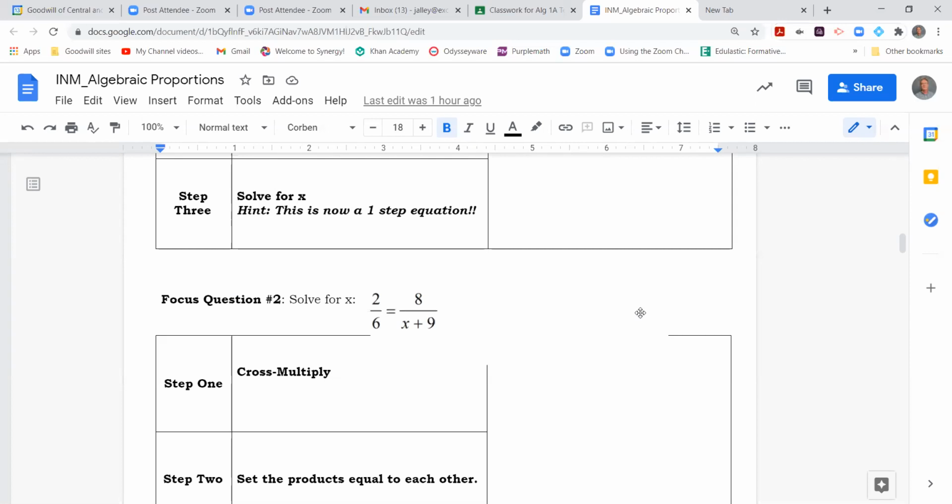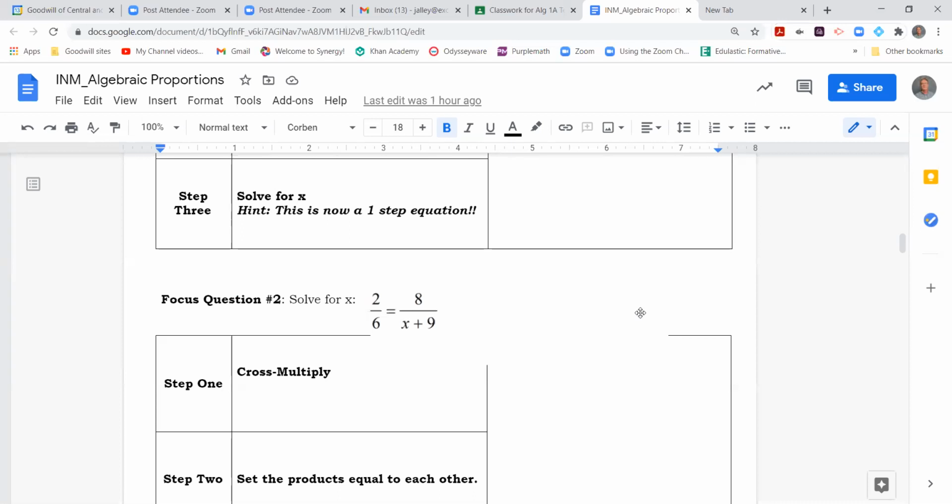So here's how you can see where it starts to get into a multi-step equation area. Distributive property, 2 times each term inside, 2x plus 18 equals 48. I got one x term. So I'm going to get the integers together on the right, canceling the 18 with a negative 18.